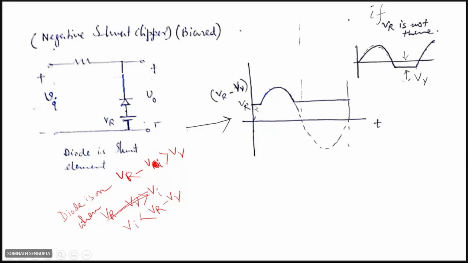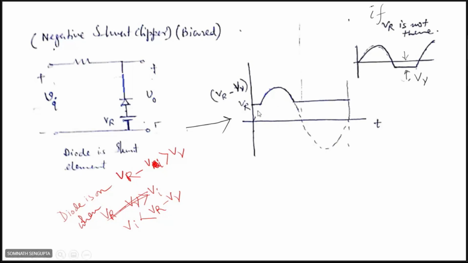whatever the waveform is, is it correct, this waveform? This will also be VR plus V gamma only, but with a negative sign. Clipping in the positive direction will have something different. That is where I got stuck, and I will start my lecture from that point.